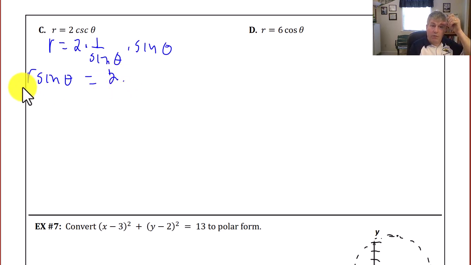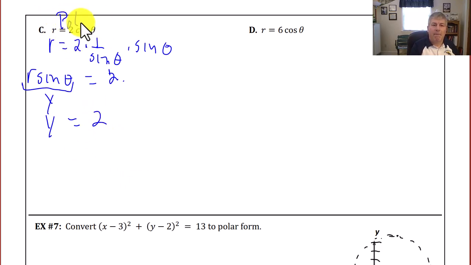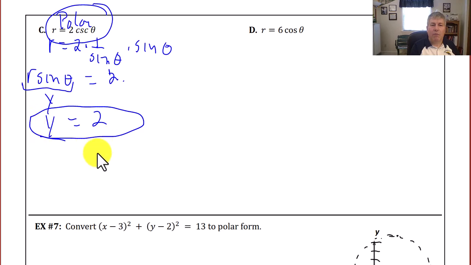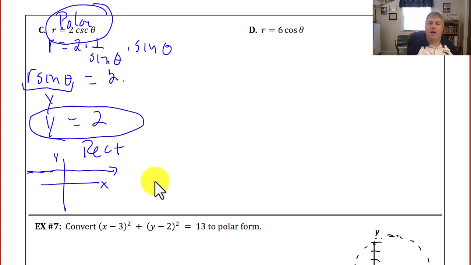Well, don't we know that r sine of theta is y? So y equals 2. So the polar form is r equals 2 cosecant of theta, and our rectangular form is y equals 2. So on our coordinate plane xy, y is always 2. So that's a horizontal line on our coordinate plane.